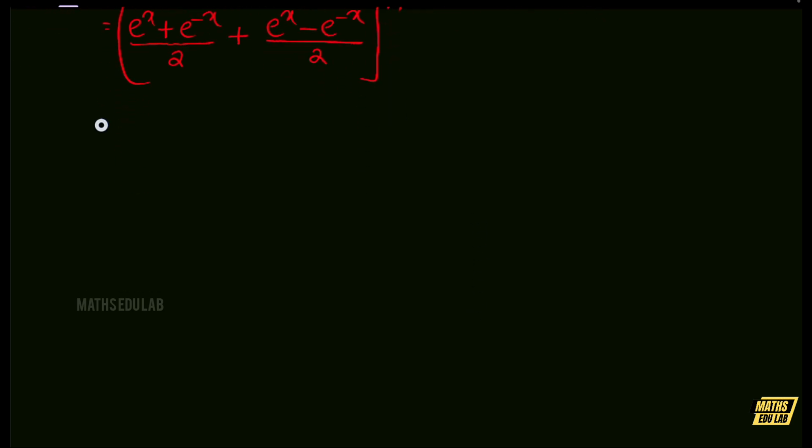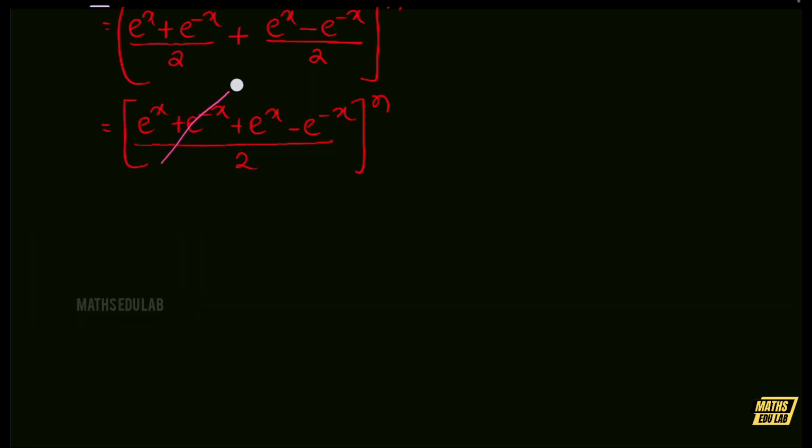Then similarly, on solving these, I can write it as ((e^x + e^(-x) + e^x - e^(-x))/2)^n. Then I can cancel out these values.